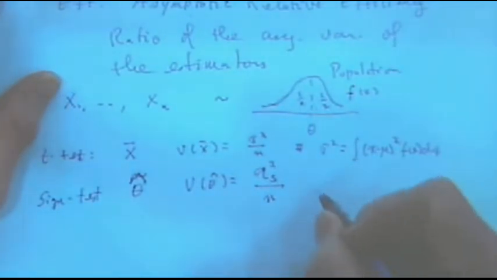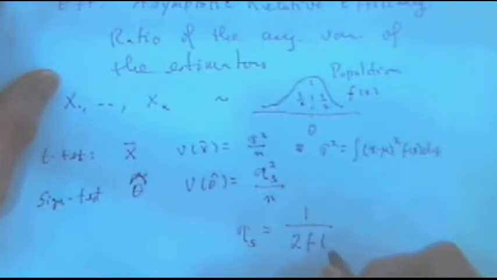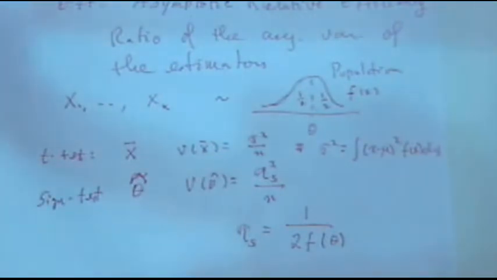And then what's tau? Tau is 1 over 2 times f of the population median.